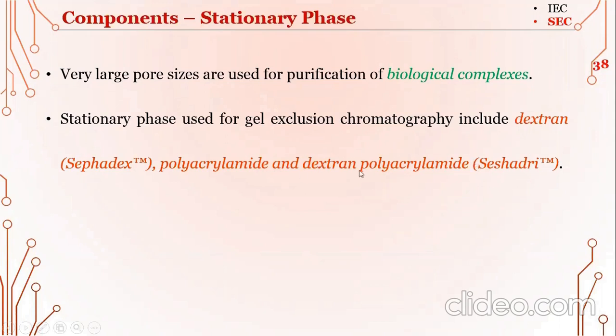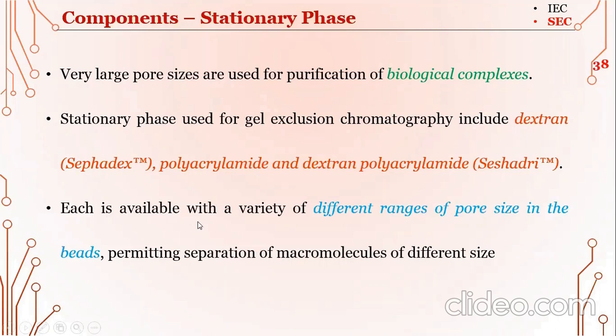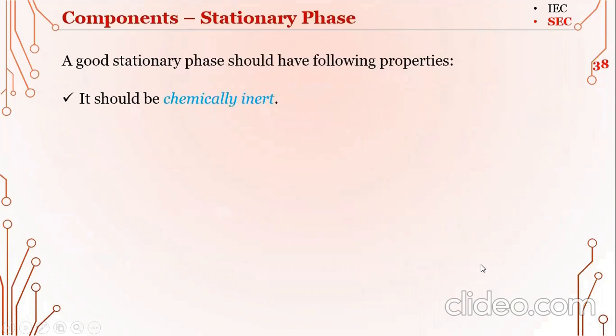So these are the three types of beads which can be used as stationary phase, and each is available with a variety of different ranges of pore size in the beads, permitting separation of macromolecules of different sizes.